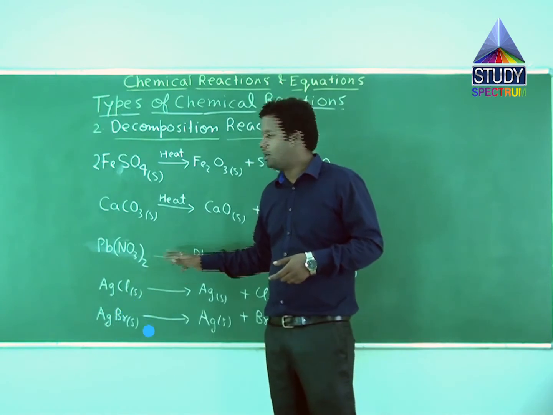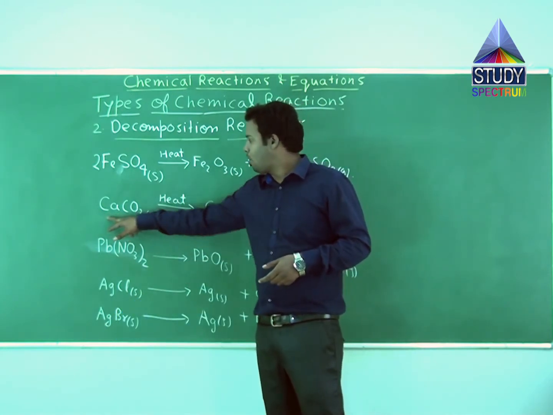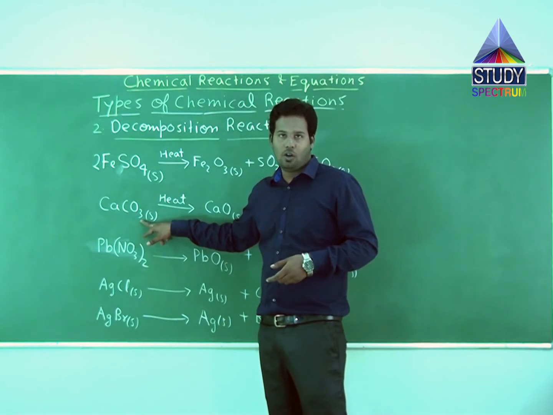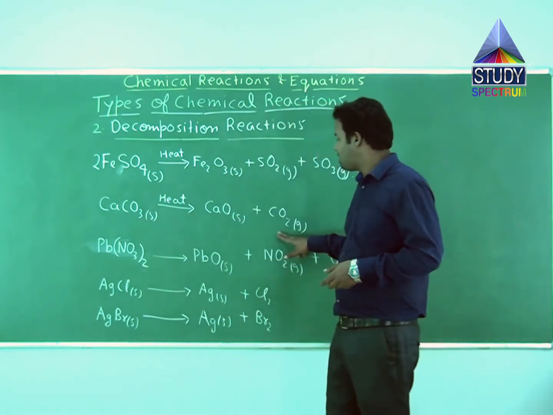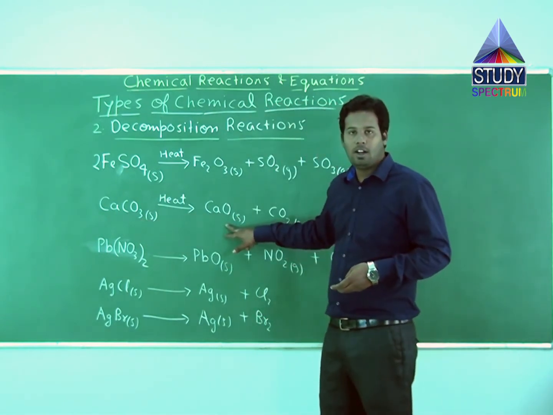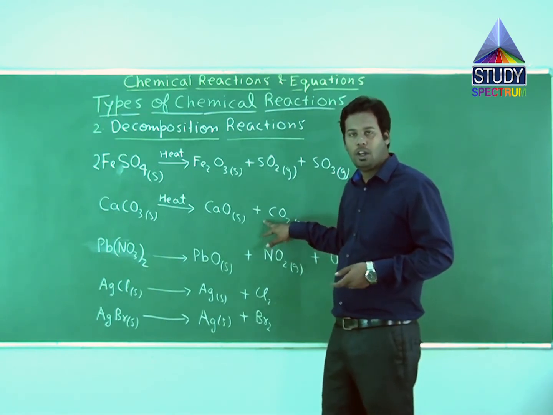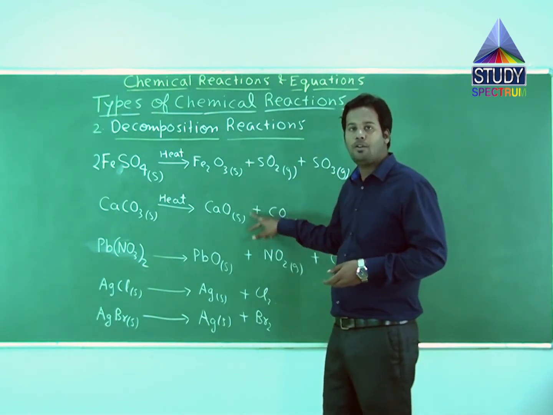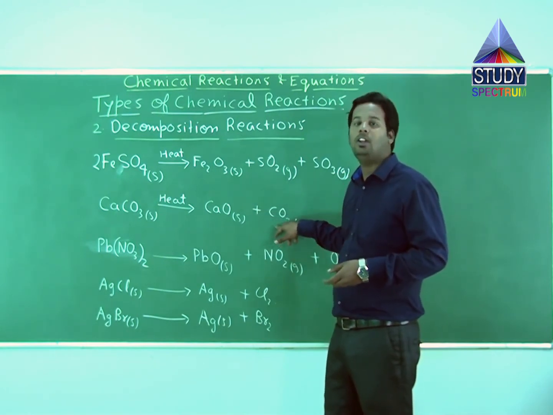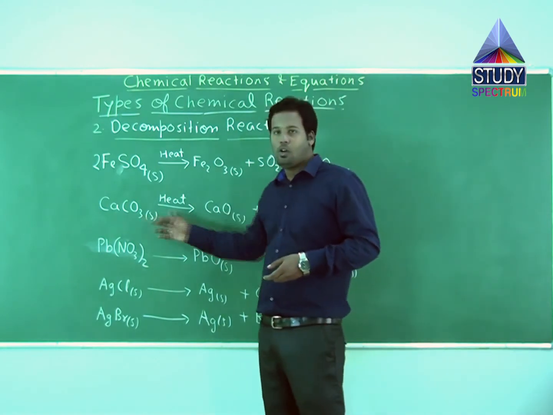Calcium is already balanced. If we talk about carbon, the number of carbon atoms in LHS is also 1. On the right hand side, the first product does not contain carbon, the second product does. The stoichiometric coefficient of CO2 is 1 and the suffix of C is also 1, so the number of carbon atoms is 1 into 1, that is 1. It means carbon is also balanced.